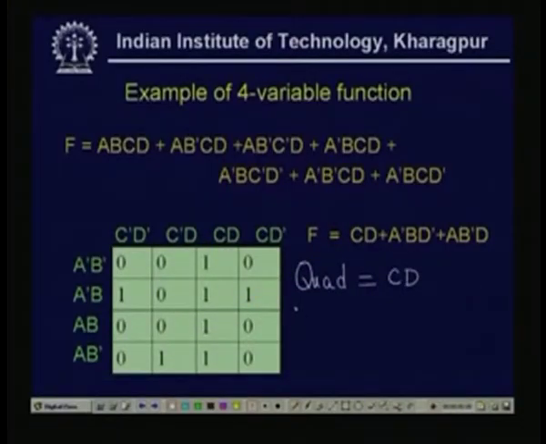Now, the first couple. See, if I take this one as the first couple, then it reduces to A bar B, because that is common for both the min terms, and these two adjacent ones, that C is common and D bar will cancel.